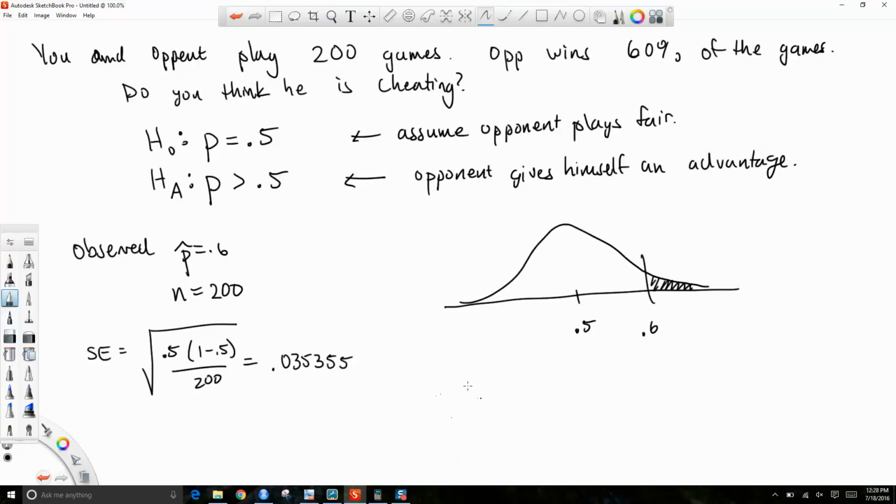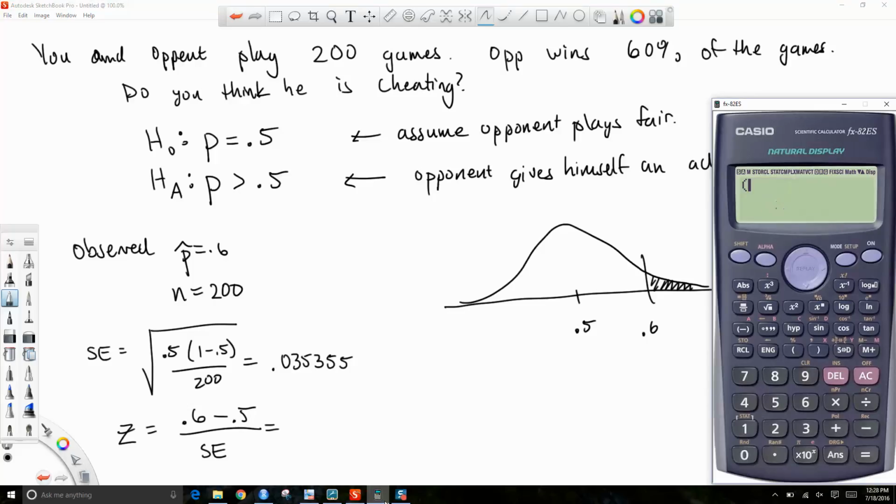So my z-score: 0.6 is what I observed, what we're expecting is 0.5, and we're going to divide by our standard error. So I'm going to do 0.6 minus 0.5 divided by the previous answer.